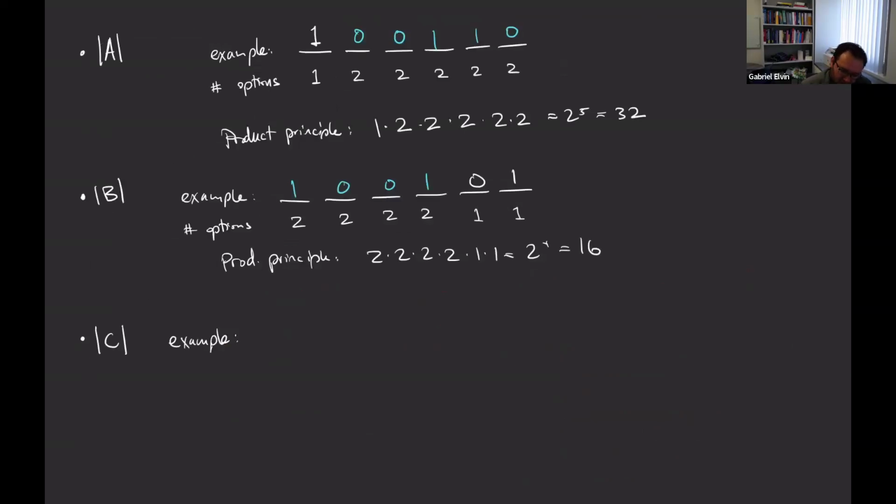So for this one, I don't have specific slots that have to be certain numbers, but I do have a restriction, right? Let's just say I want to put my 1 here and here and here and here. I don't know. And then once I've chosen where the ones go, the string is determined because I'm only allowed four of them, so the rest have to be zero.